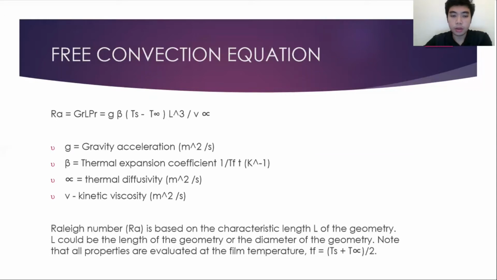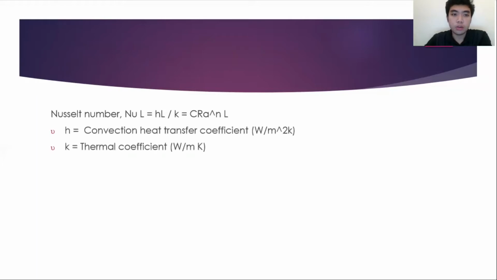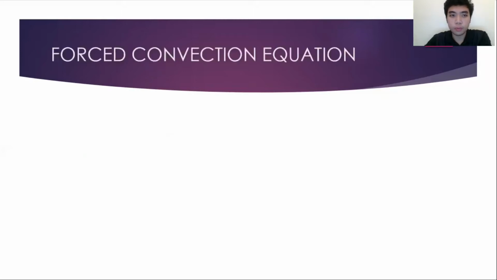Note that all properties are evaluated at the film temperature. Also, the Nusselt number is times L, the length of the geometry. h is the convection heat transfer coefficient and k is the thermal conductivity. C is a constant and n equals 1/4 for laminar flow and n equals 1/3 for turbulent flow. For the forced convection equation, the Reynolds number Re = ρVd/μ.